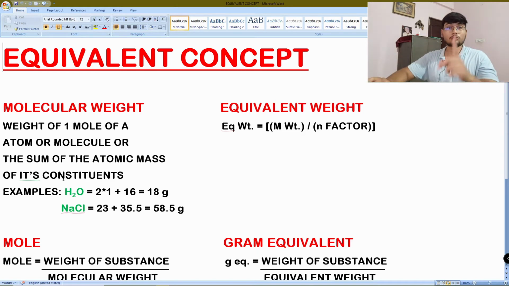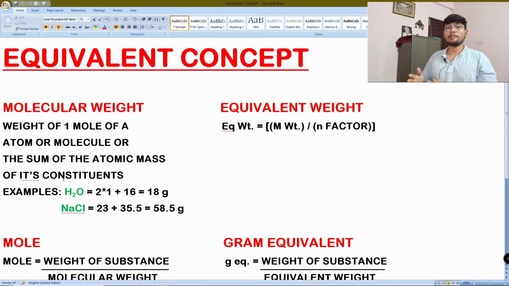So 2 into 1 plus 16 gives 18 grams. This means that the molecular weight of water is 18 grams. And this also means that if you have taken 18 grams of water, you have taken 1 mole of water.